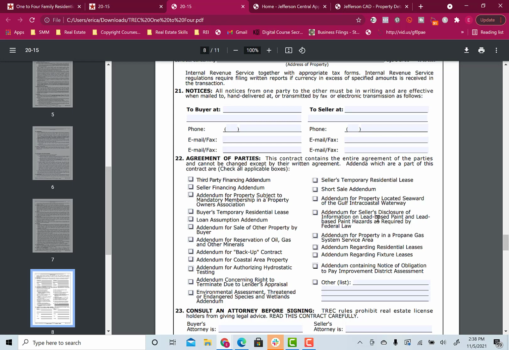There are a lot of the properties that we're looking at here in Texas, at least, that are flipped and stuff, especially in a lot of Houston. There's quite a few that are going to be built before 1978, so there is a lead-based paint disclosure.